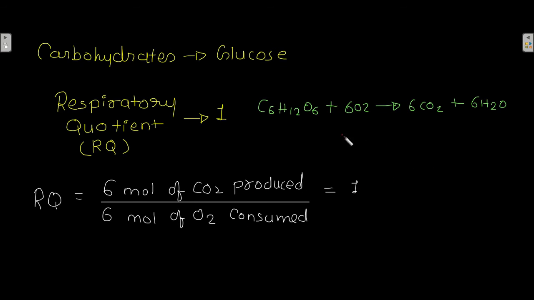You can see from this equation that in the complete oxidation of one glucose molecule, 6 oxygen molecules are required, and this conversion produces 6 carbon dioxide molecules. So that is the reason why the respiratory quotient of glucose is 1.